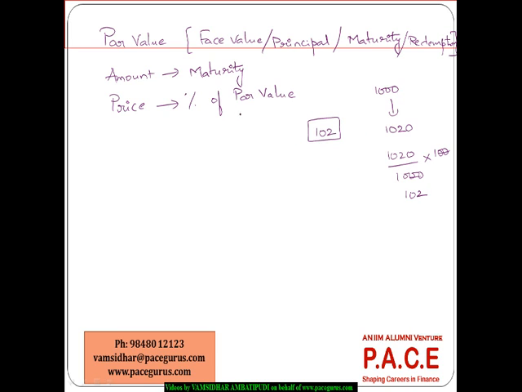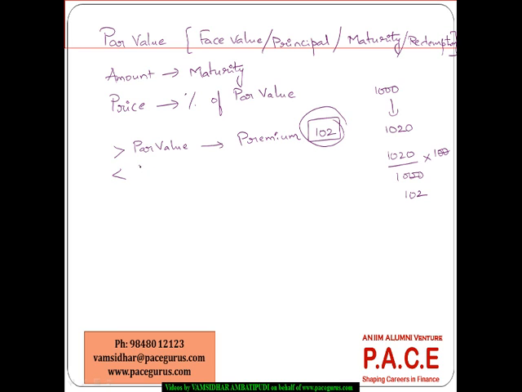So any price quotation regarding the bond is established as a percentage of par value. And what we typically see is that any bond in the market, if it is being sold for more than the par value, we call those kinds of bonds sold at a premium.